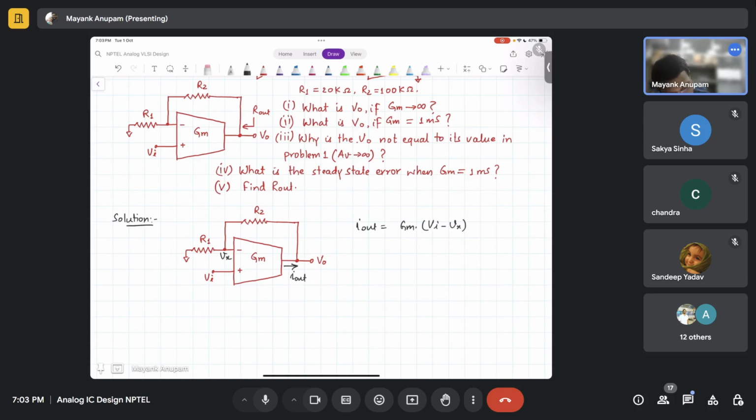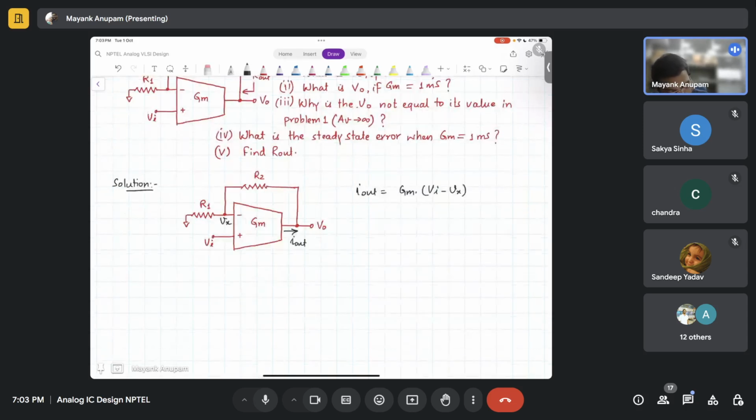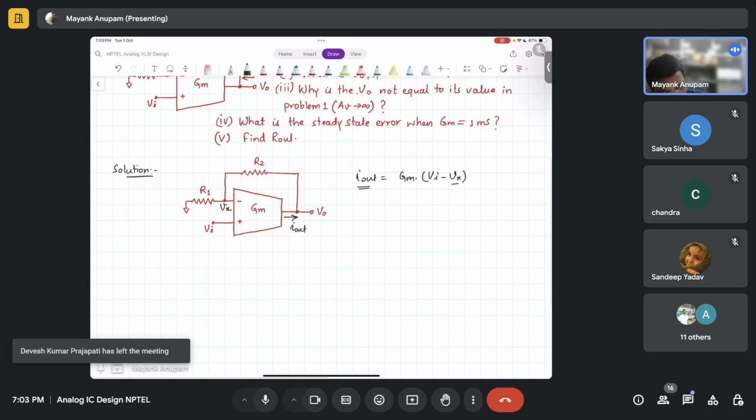Okay, good. Now tell me, how do I find out Vx? I need to somehow eliminate Vx, right? And I out also. What do I do with that? And I know V out is here. So what is going to happen?